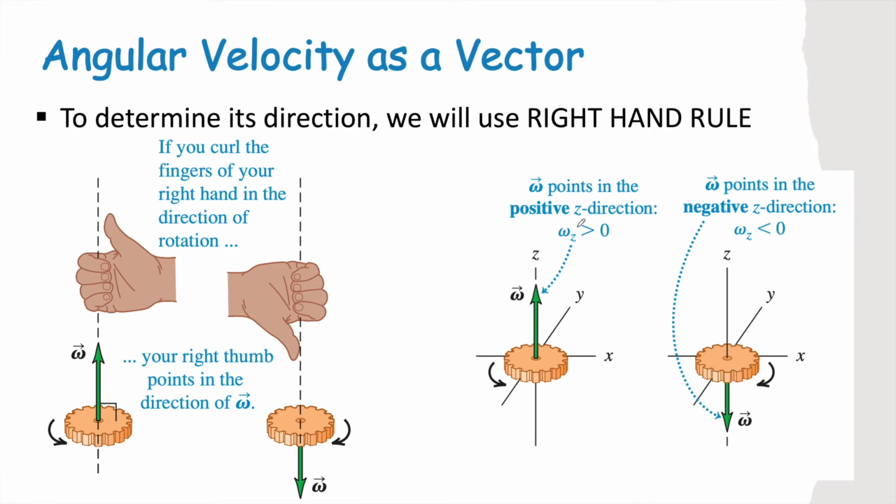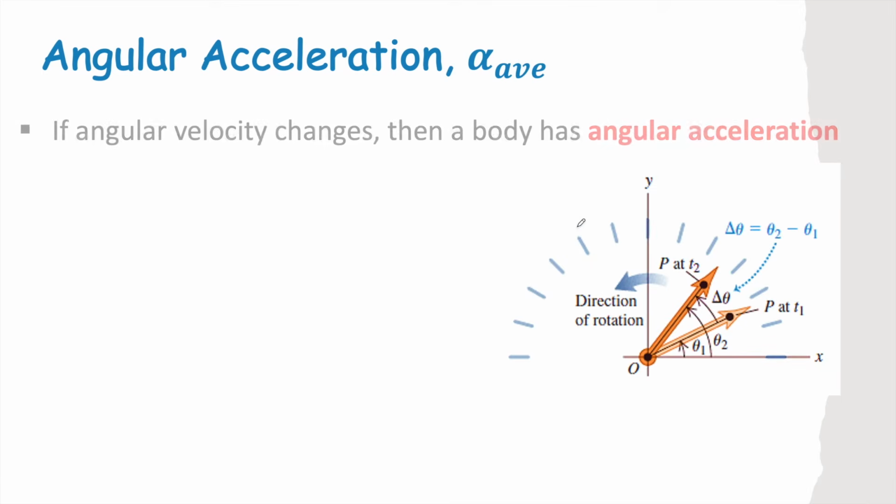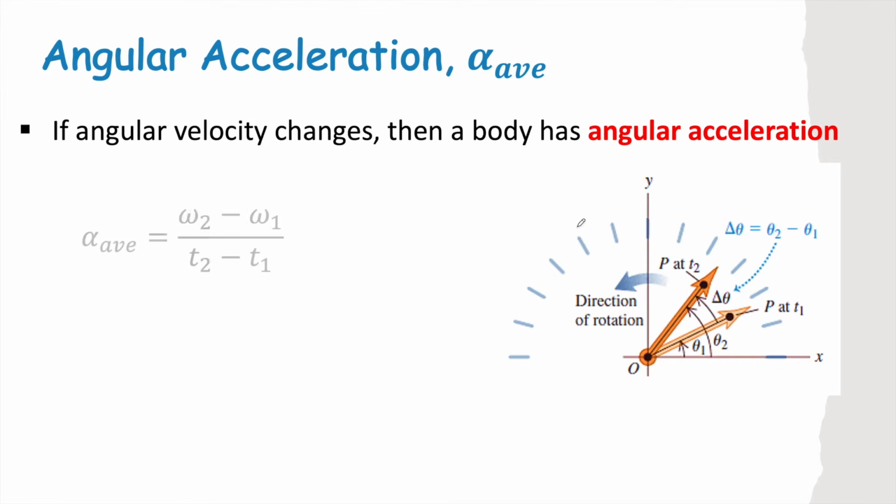Once the angular velocity changes over time, this will give rise to angular acceleration alpha. So you'll have delta omega over delta t. Again, this is analogous to linear motion.